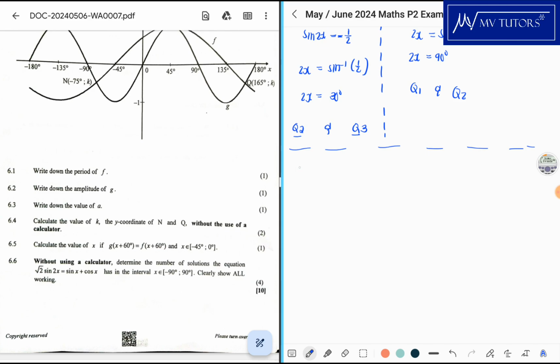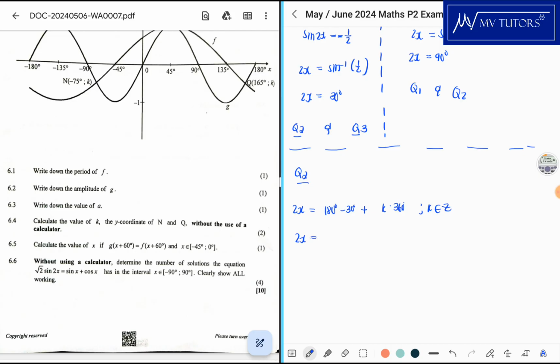Okay, so for quadrant 2, I have 2x is equal to 180 minus 30 plus 360 times k, or k times 360. And basically k is an element of integers. So 180 minus 30 will give you 150.